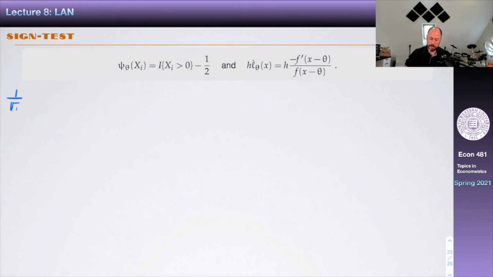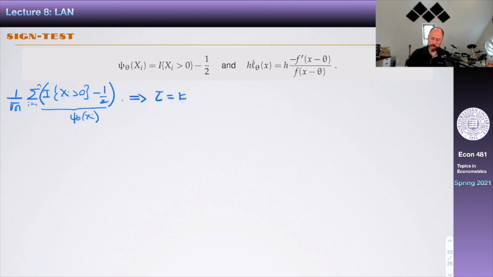Remember, the sign test statistic was 1 over square root n, the sum from 1 to n of the indicator that xi is positive minus a half. So here, this is just the influence function. So tau here is the expected value under the null of the indicator xi positive minus a half, times minus h f prime divided by f.